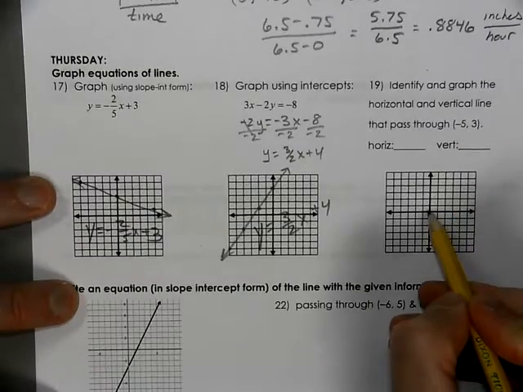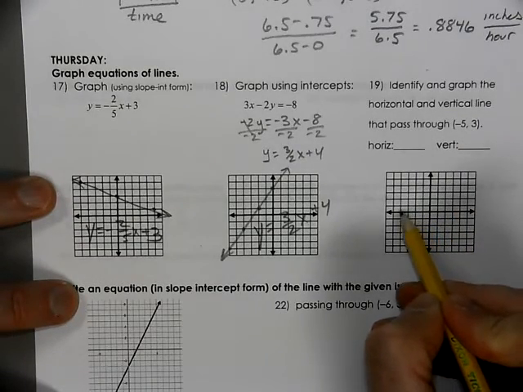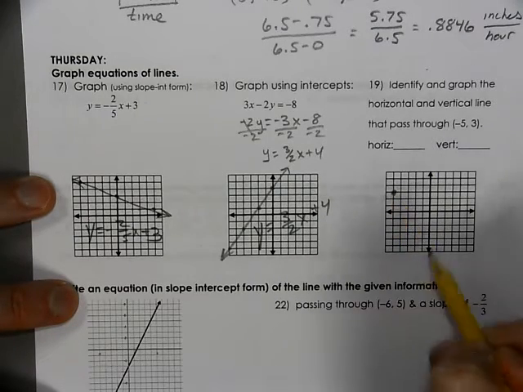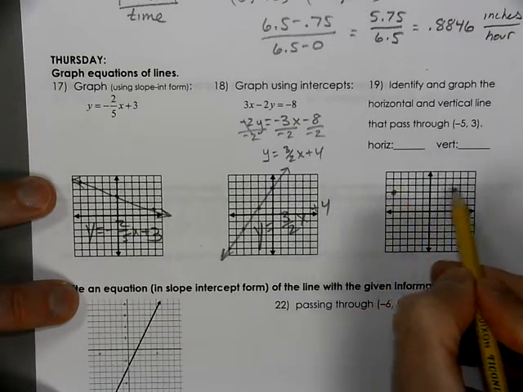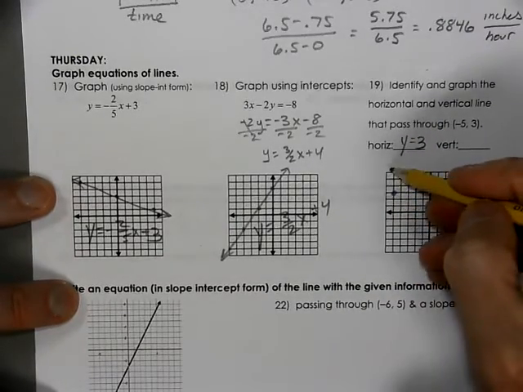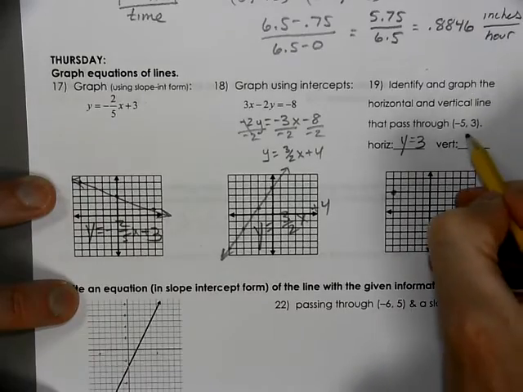Here we have a point -5, +3. If we're looking for a horizontal line, that's going to be your y value. A vertical line, that's going to be your x value.